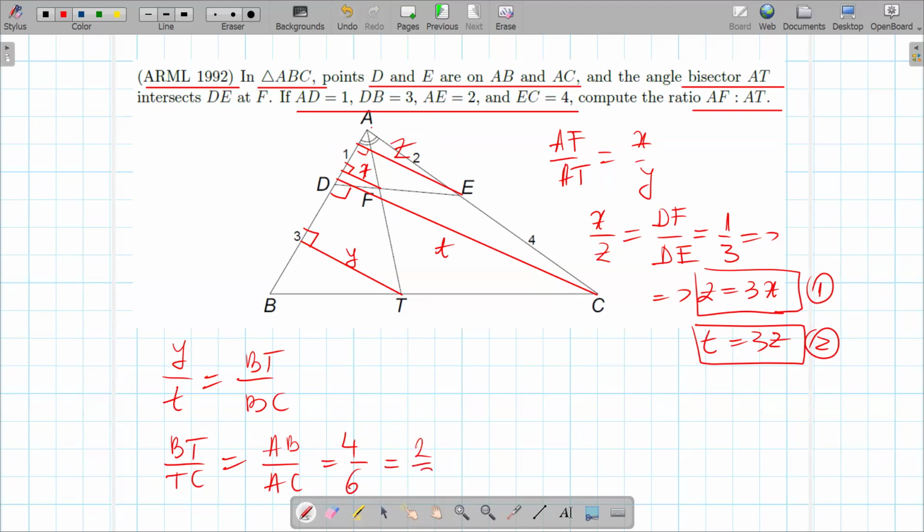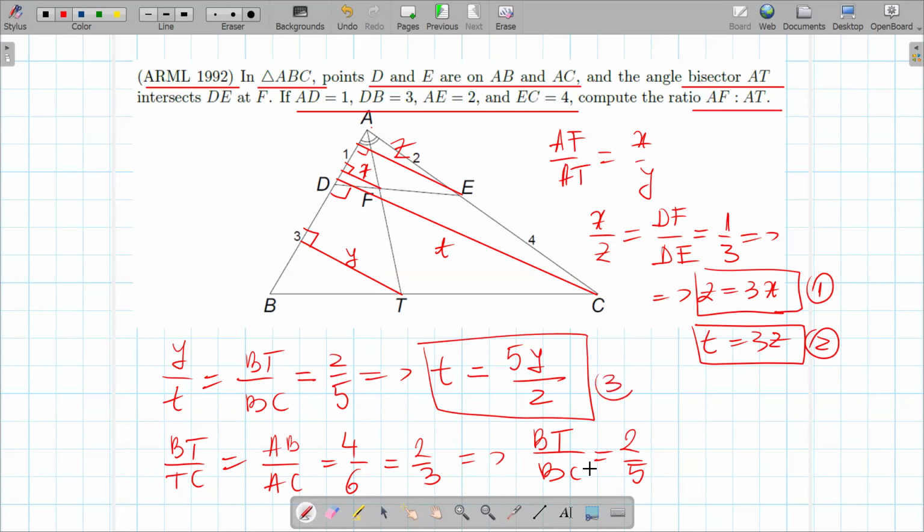So this is equal to 2 over 3, no? Okay, good. But actually, we do not want BT over TC. We want BT over BC. But we can easily get from here BT over BC is actually equal to 2 over 5. So now we know that BT over BC is 2 over 5. So now we can actually get T as being equal to 5Y over 2, no? And this is our third relationship.